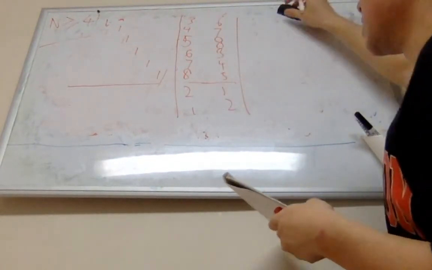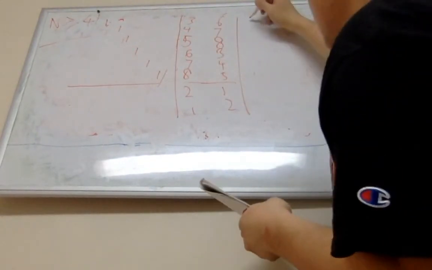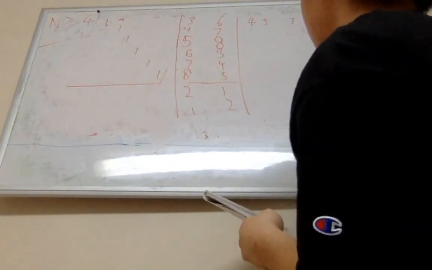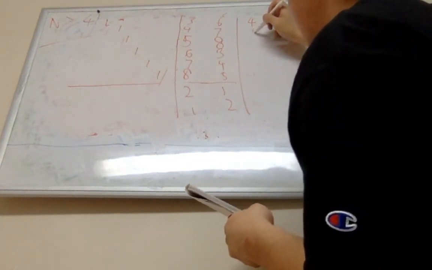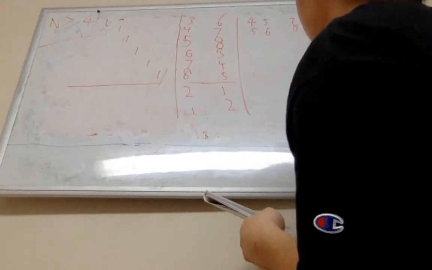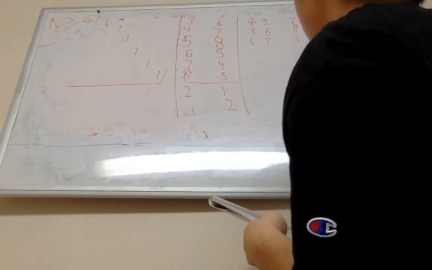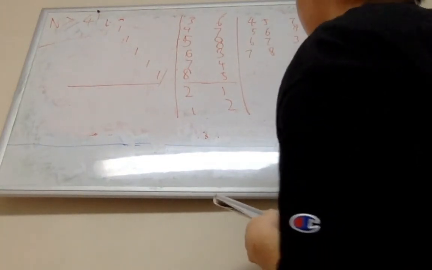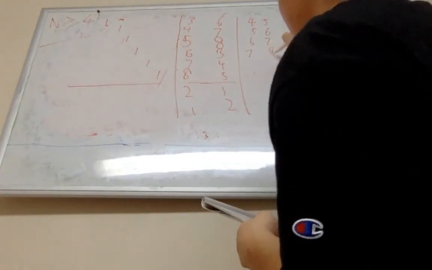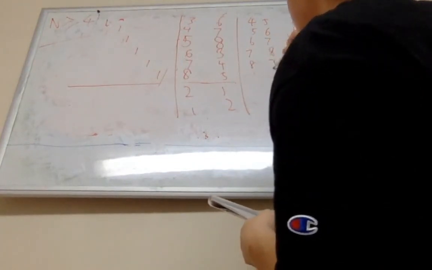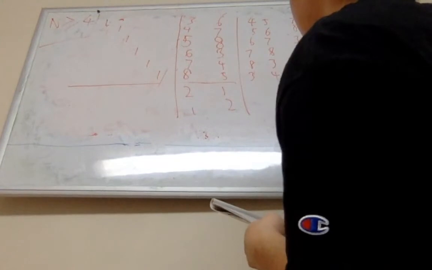So this is 3 and 6. We are still lacking 4, 5, 7, 8. This is 5, 6, 8, and 3, 6, 7, 3, 4. And this is basically this thing copied over: 8, 3, 5, 6, 3, 4, 6, 7.